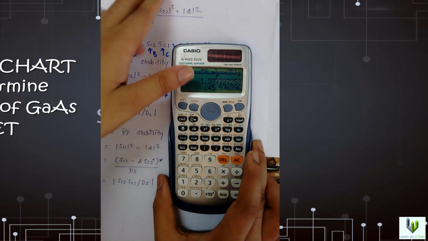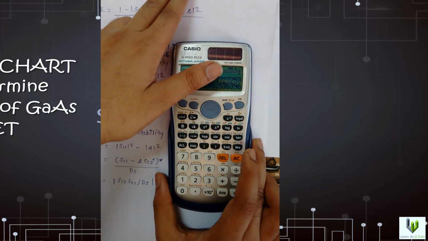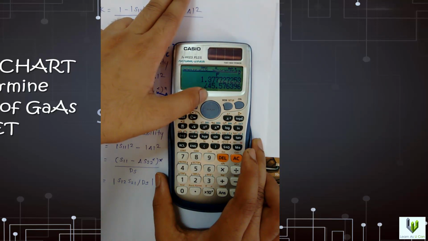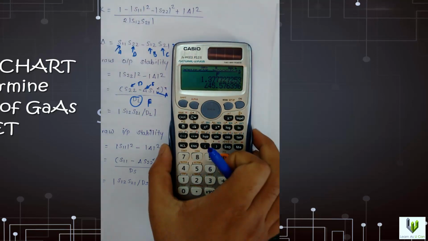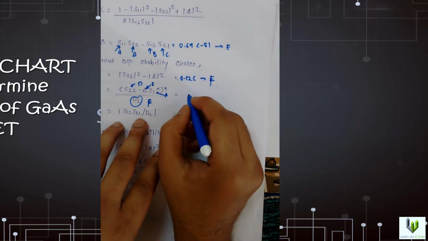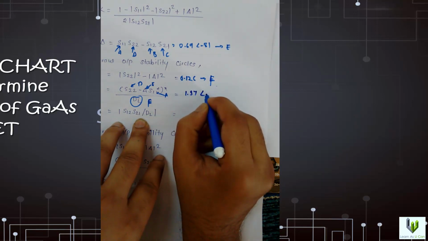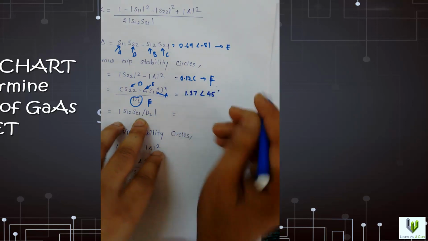You got this result around 1.36 angle 47. This is the method and this is angle 45. Maybe it's a book reading, so I get this reading as 1.37 angle 45 degree by calculator.